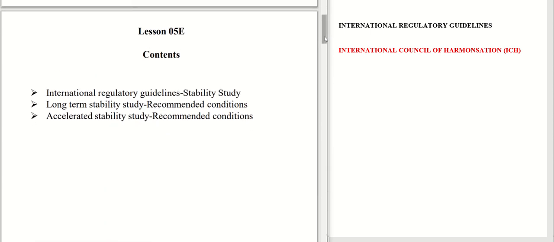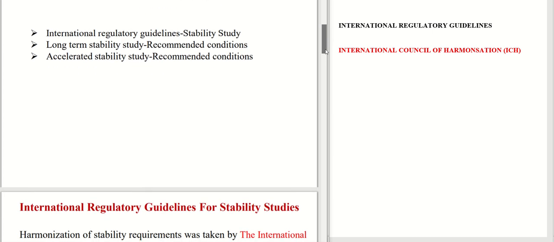This lecture includes the guidelines to carry out stability studies and the different types of stability studies that are involved, like long-term stability study and accelerated stability study, and the recommended conditions where we can carry out this type of studies to study the stability of pharmaceutical products. Now let's get into the lecture.